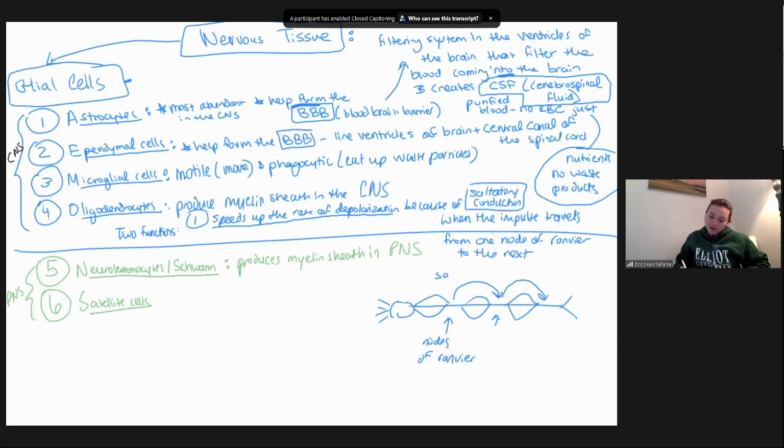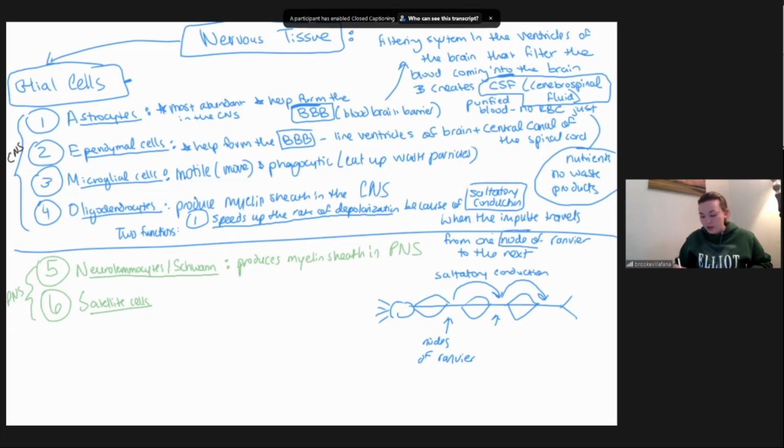That's called saltatory. Saltatory means jumping conduction. So saltatory conduction, jumping conduction from one node of Ranvier to the next. So that will be something you definitely need to know for your test, right? That the function of myelin is to speed up the rate of depolarization using saltatory conduction.